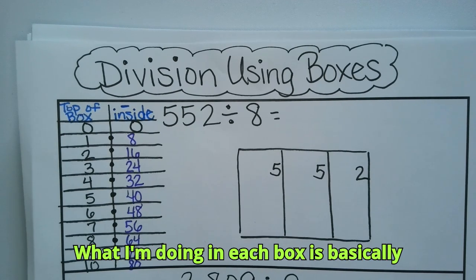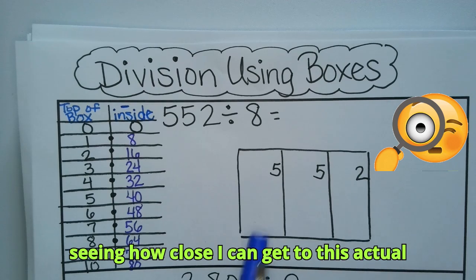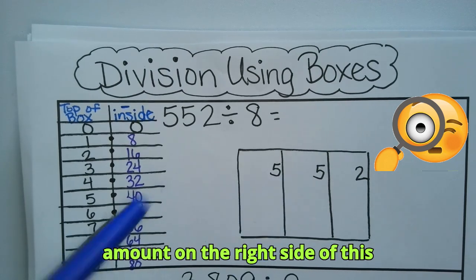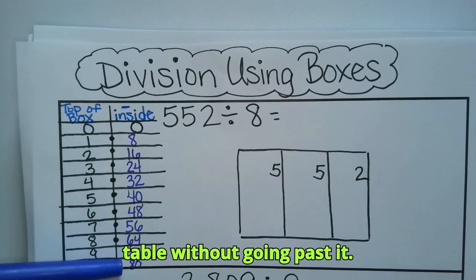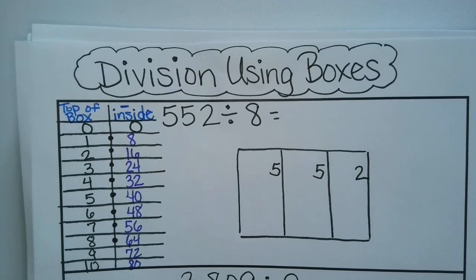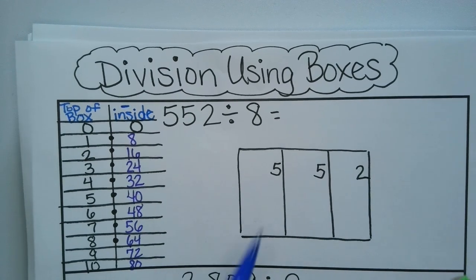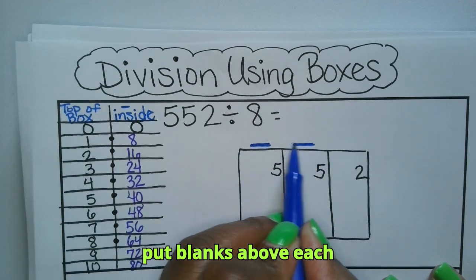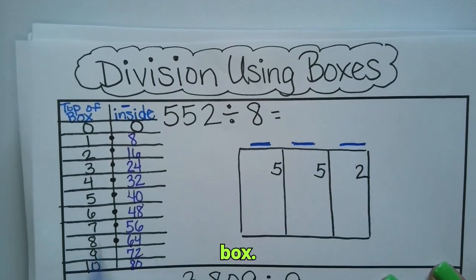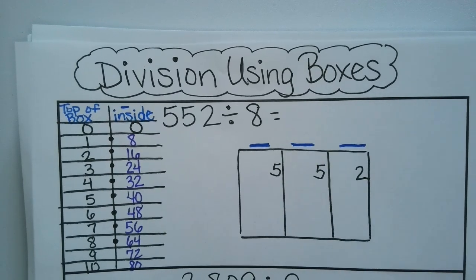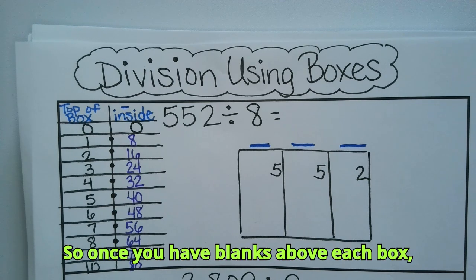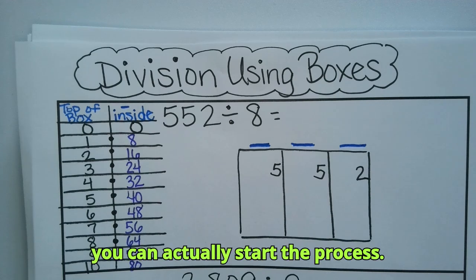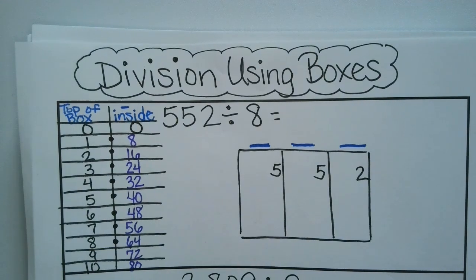What I'm doing in each box is basically seeing how close I can get to this actual amount on the right side of this table without going past it. You also have to put blanks above each box. So once you have blanks above each box, you can actually start the process.